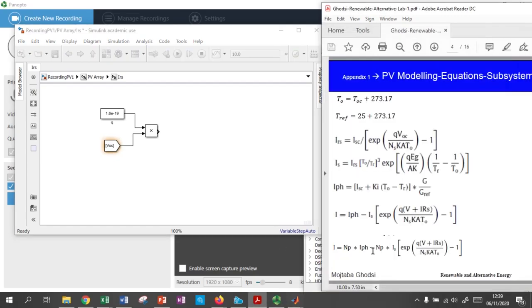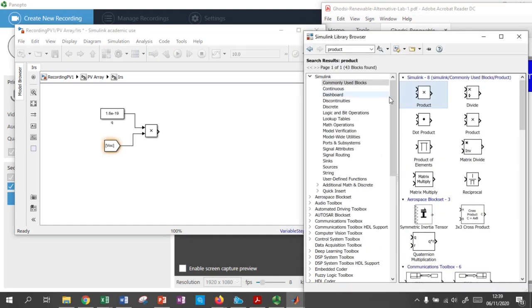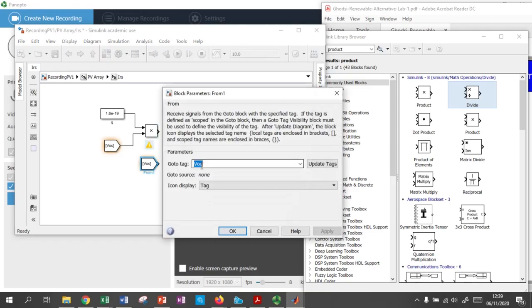Then it's this part now divided by, then we need one division. I will put it here, division, and we need one NSKATO.